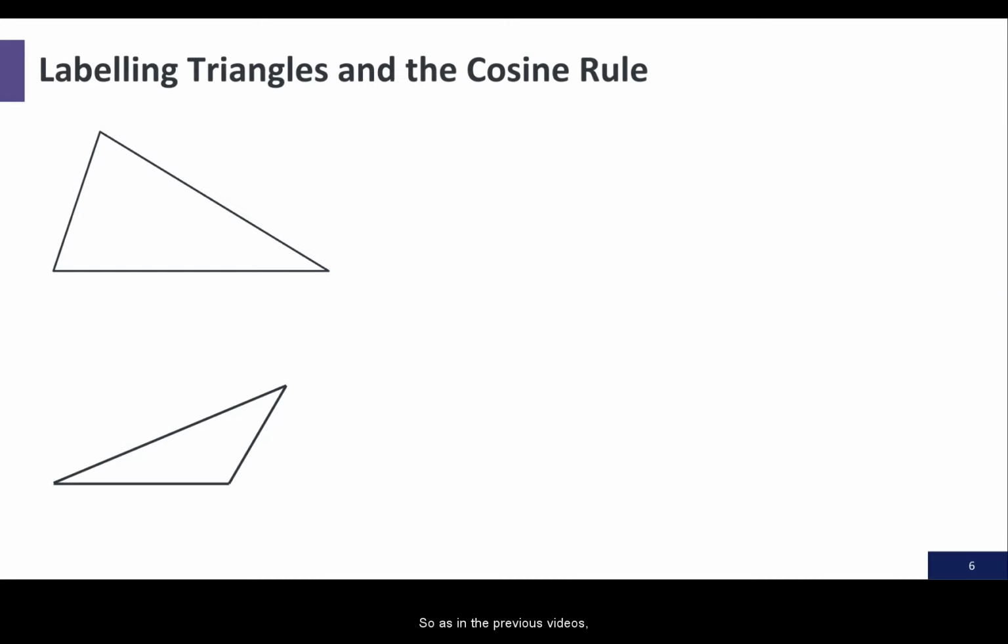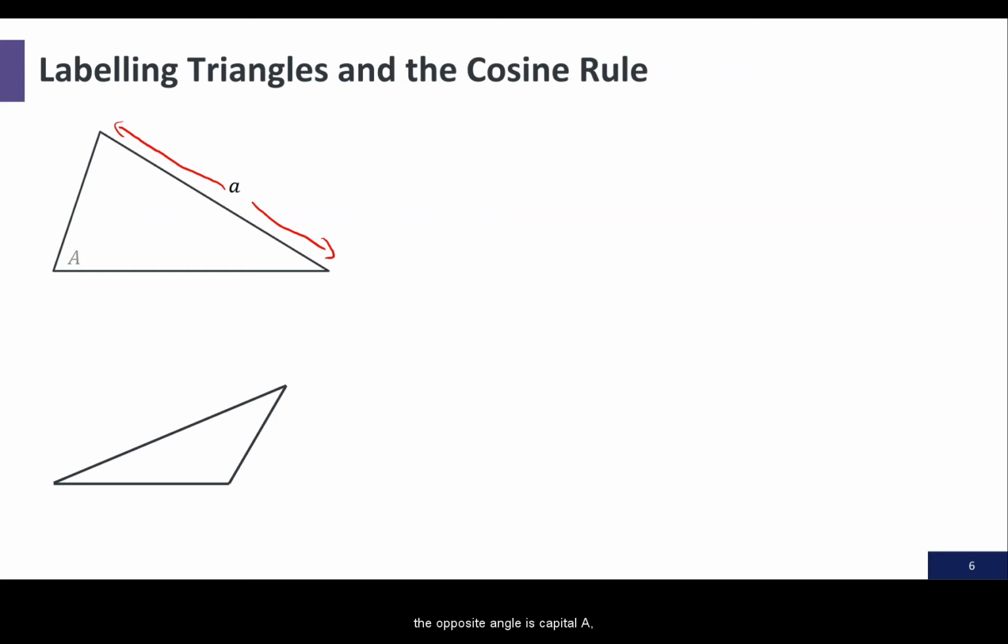As in the previous videos, the most important part is labelling the triangle. This is the same as the way you would label a triangle when using the sine rule. In this top triangle, I've decided that that side is lowercase a.